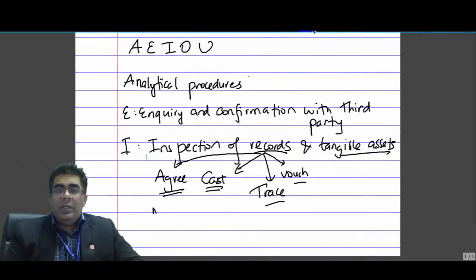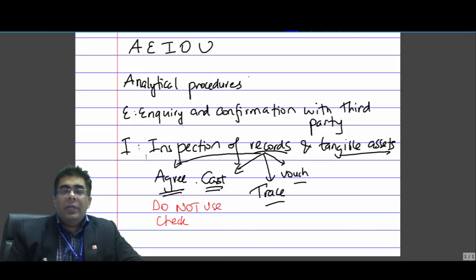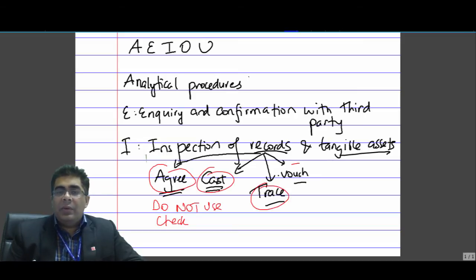So what are the words you don't use? The examiner has mentioned the students just like to say check this, check that, and it doesn't make any sense, because if you give those procedures to a junior auditor, he will not understand what you are writing. So use words which are specific. Use the words agree, cast, trace, vouch.